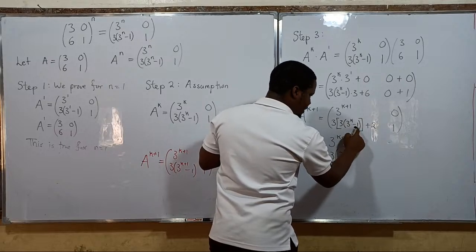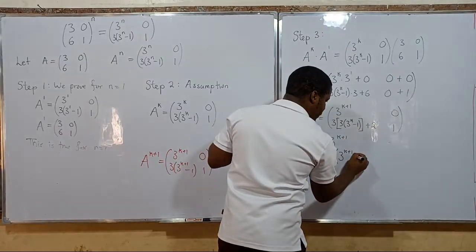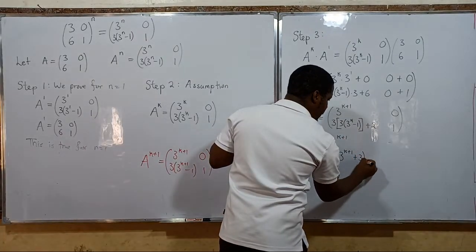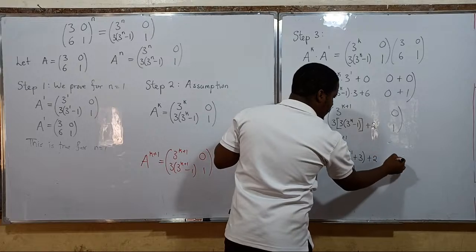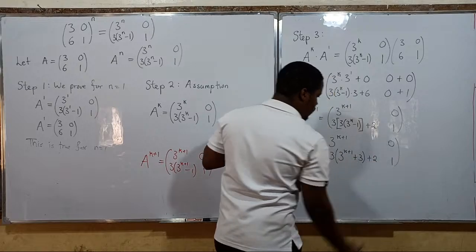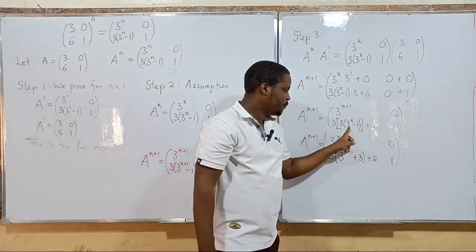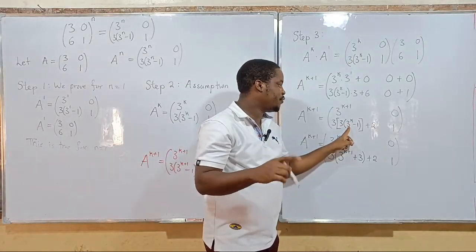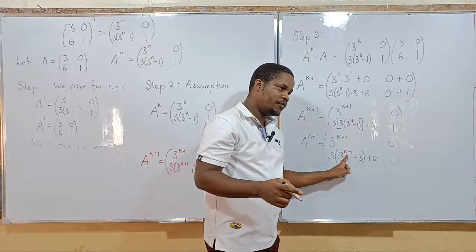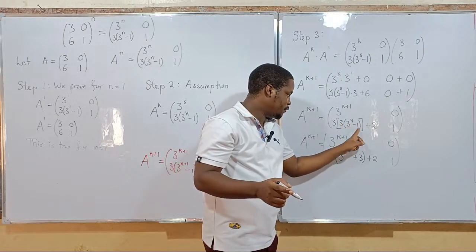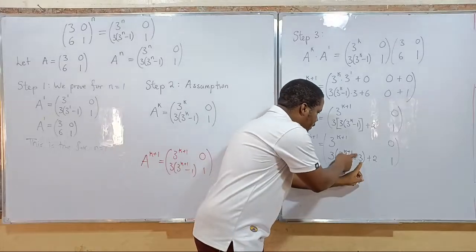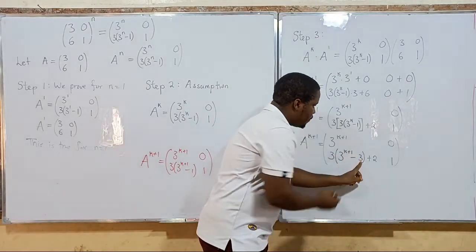This 3 times this 1, what do we get? 3 plus 2. There's 1 there, there's 0. Look at what I've done. This 3 times this 3, we'll have 3 to the k times 3 to the 1, which gives us 3 to the power k plus 1. This 3 times 1 is just this 3. The 2 is still there.